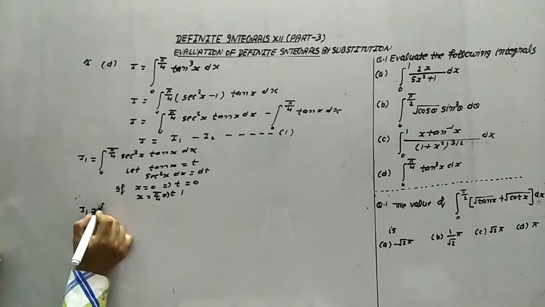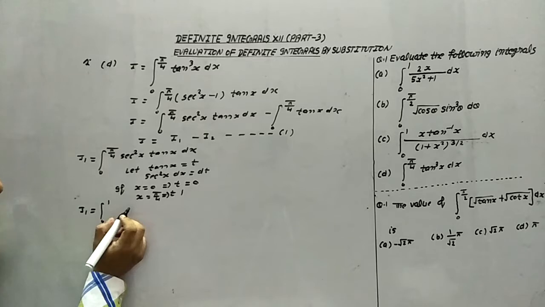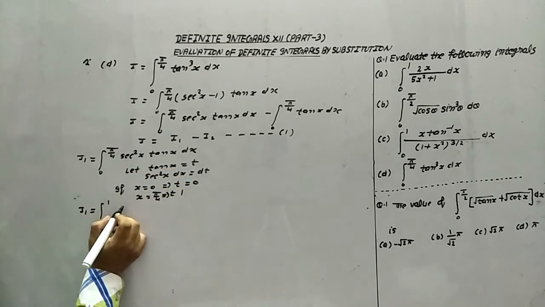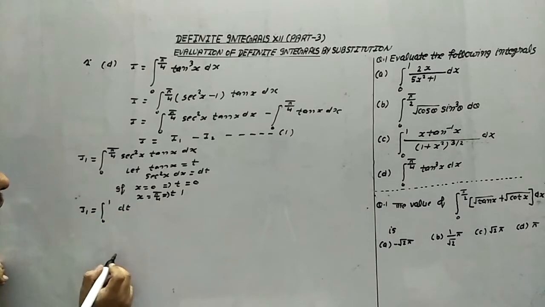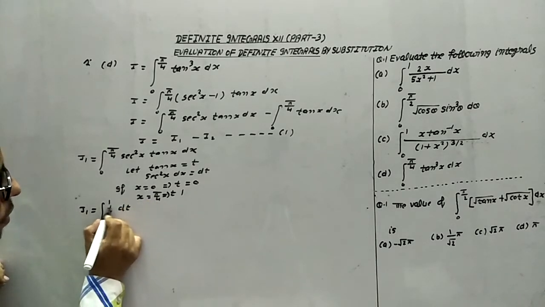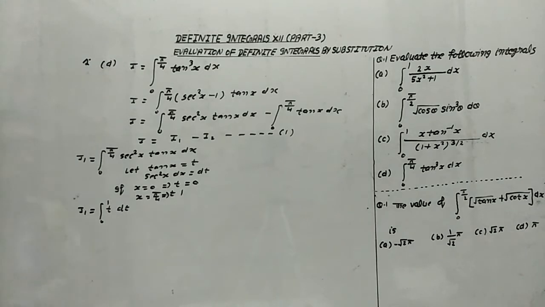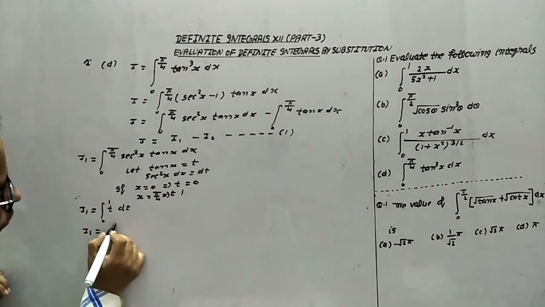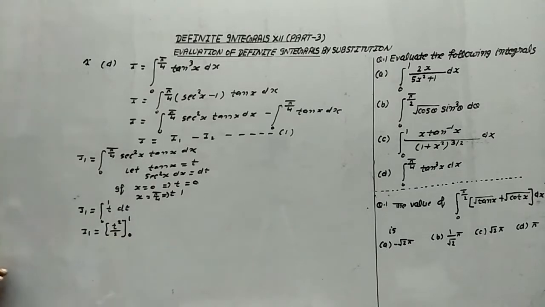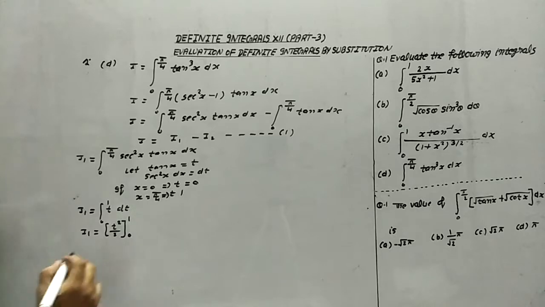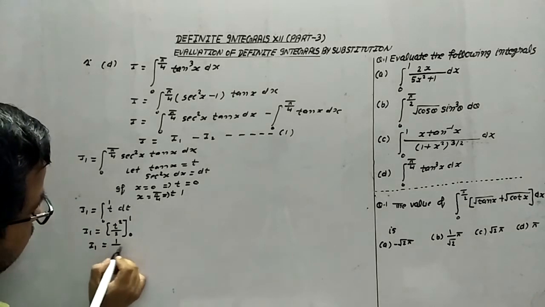It means I1 is equals to integration 0 to 1 t dt. Now I1 is equals to t square by 2, 0 to 1. It means I1 is equals to half only, because half minus 0, half only.